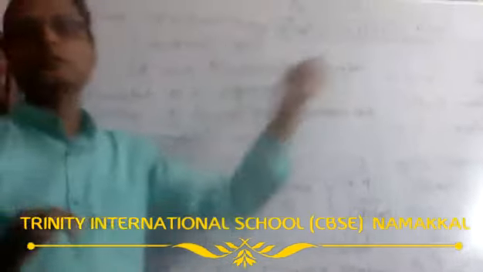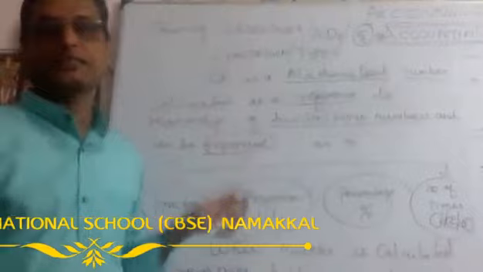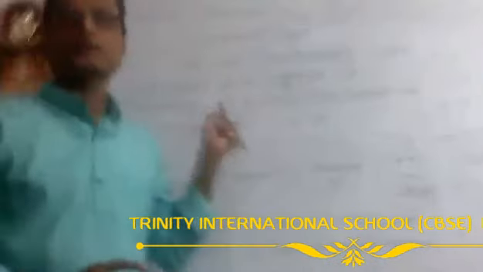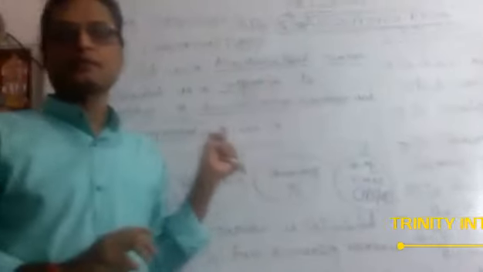Whoever is going to become a businessman in future should definitely know this chapter. It is very interesting and very important, but it is very common sense and common logic. It is only mathematical calculation, so everything is formula oriented.